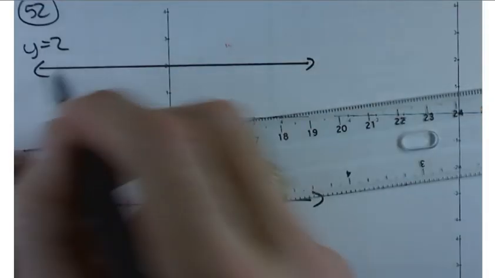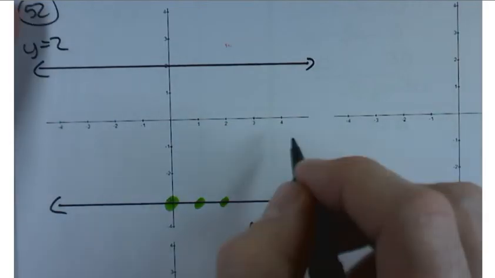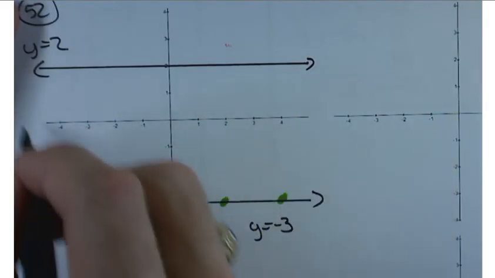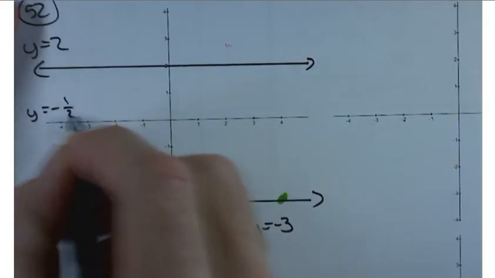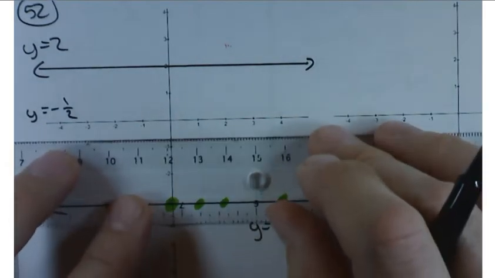I forget which problem it was. I think it's problem number 58. They asked you for the graph of y equals -1/2. Same thing. Just kind of have to estimate 1/2 or -1/2, but you're going to get a horizontal line through that level.